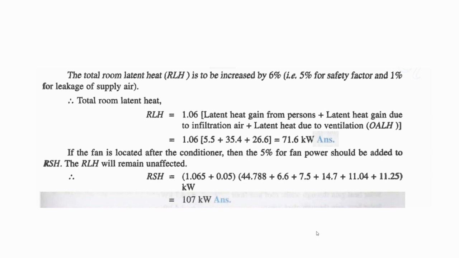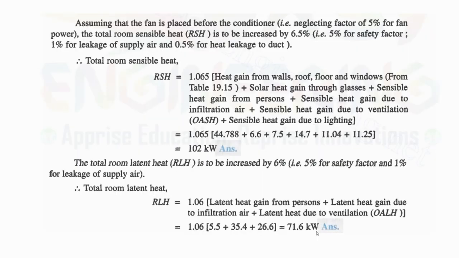Now if the fan is located after the conditioner, then 5% of fan power should be added. Then the room latent heat will remain unaffected. So 5% is added into the factor, 1.065 plus 0.005, into the total heat. So the sensible heat will be 107 kilowatt. Previously we had got 102 kilowatt.